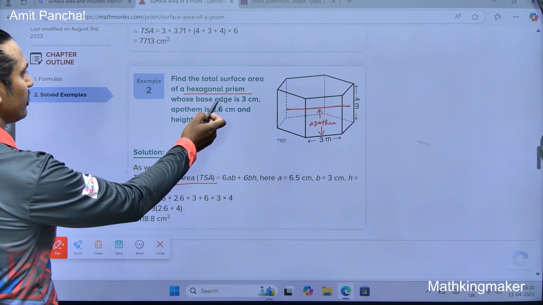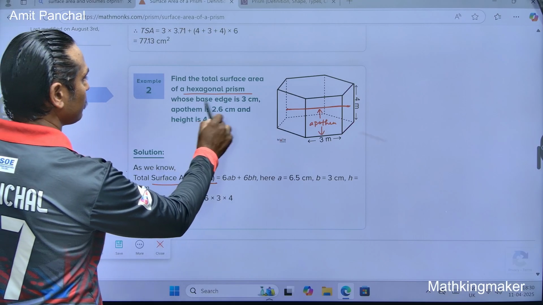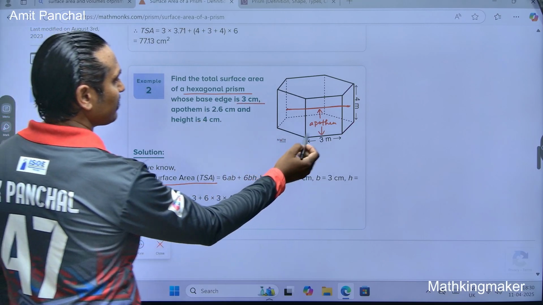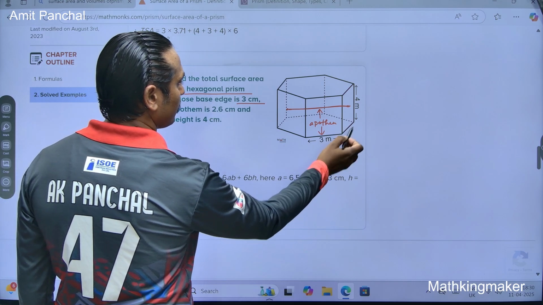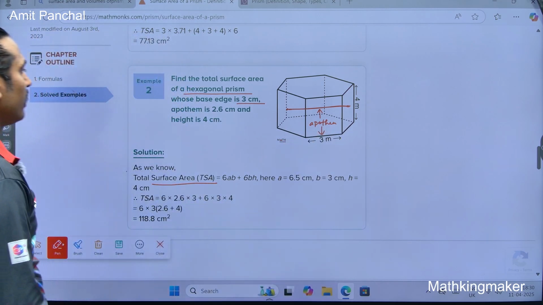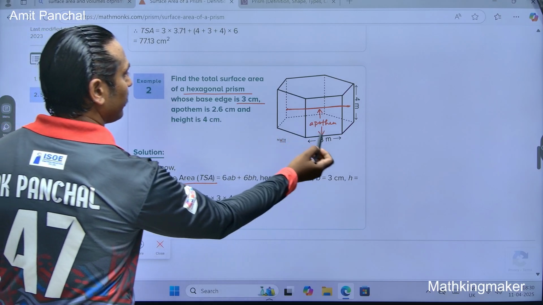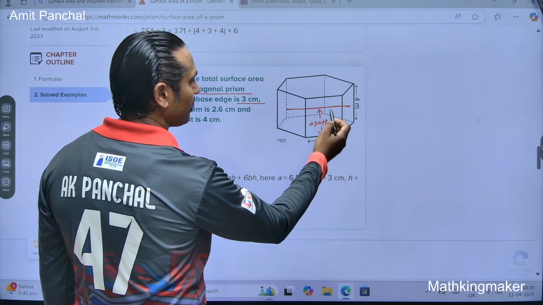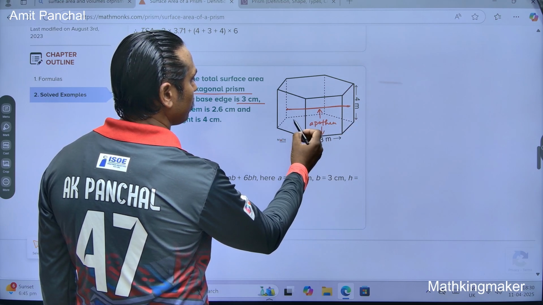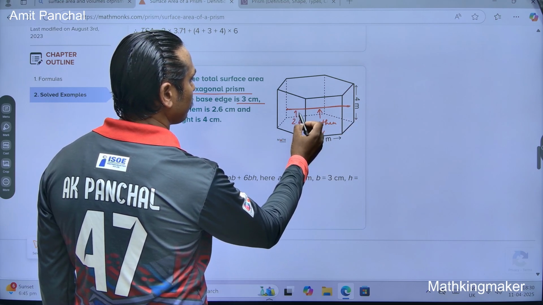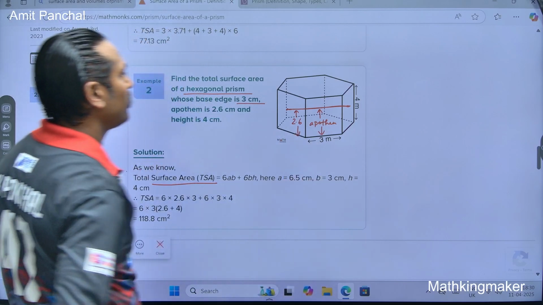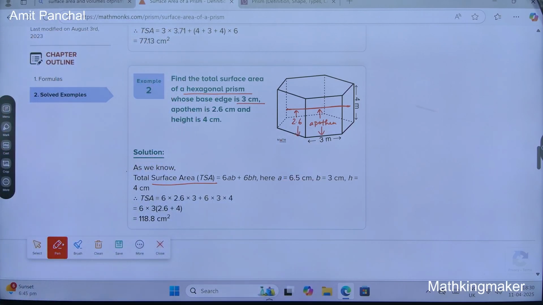Find the total surface area of a hexagonal prism whose base is 3 centimeter, it is a hexagon, and apothem is 2.6. That means the height from the base to a midpoint is 2.6 centimeter. This is given. And prism height is 4 centimeter.